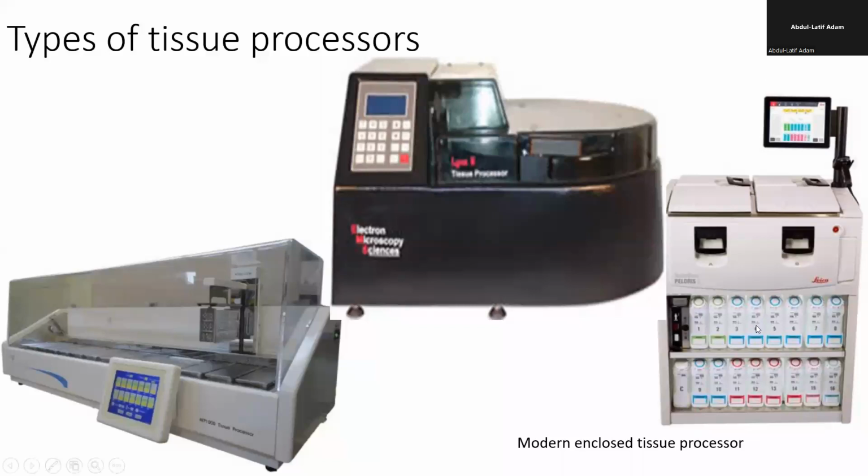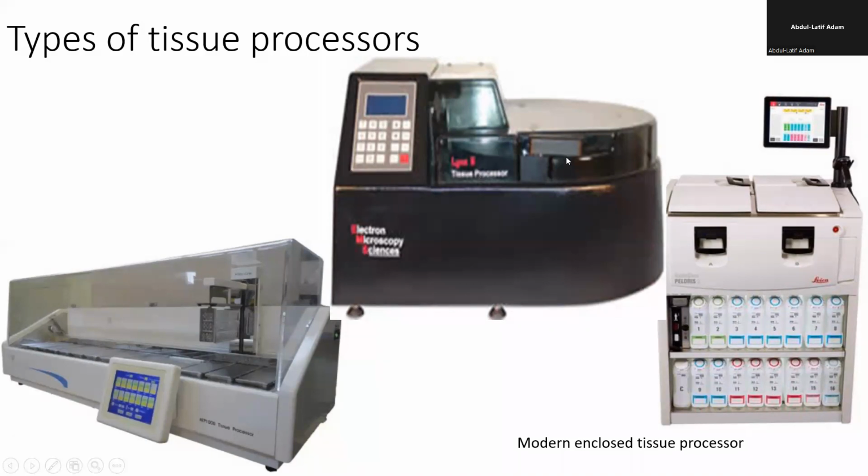We also don't know whether it is working or not, so we have asked the biomedical engineer to come and test whether it's working. It's the same type that we see here in our lab at home. So all these are different types of tissue processors.